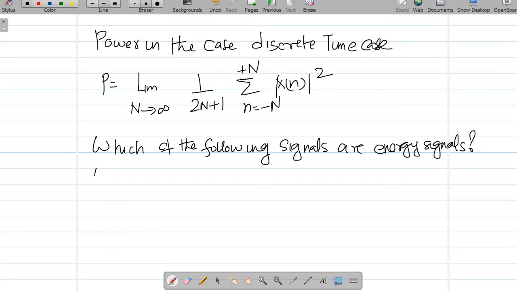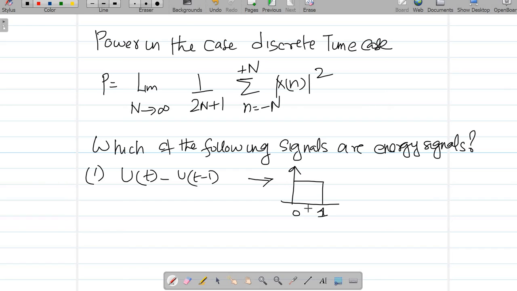So we have e to the power t minus e to the power t minus 1. So the signal is going to be as follows. So this is what the signal is.